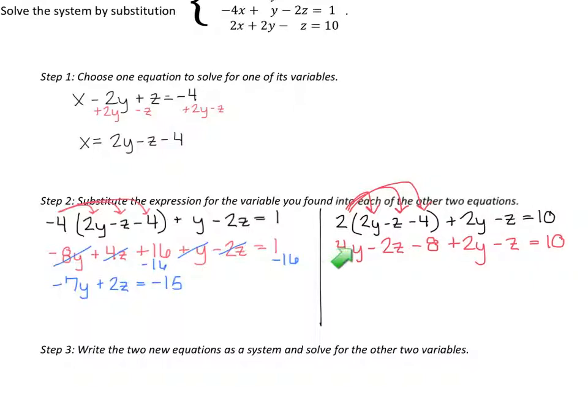So 4y and 2y make 6y. Negative 2z and negative z make -3z. I'm going to add my 8 to the other side. So that equals 18.